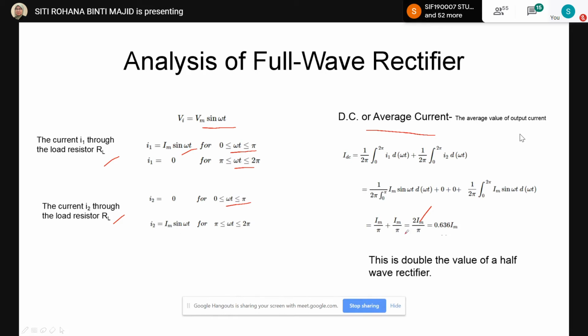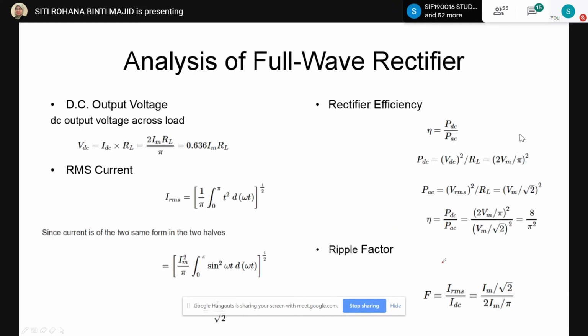You can see here that the Im over pi term for the full wave rectifier is double the value of the half wave rectifier.